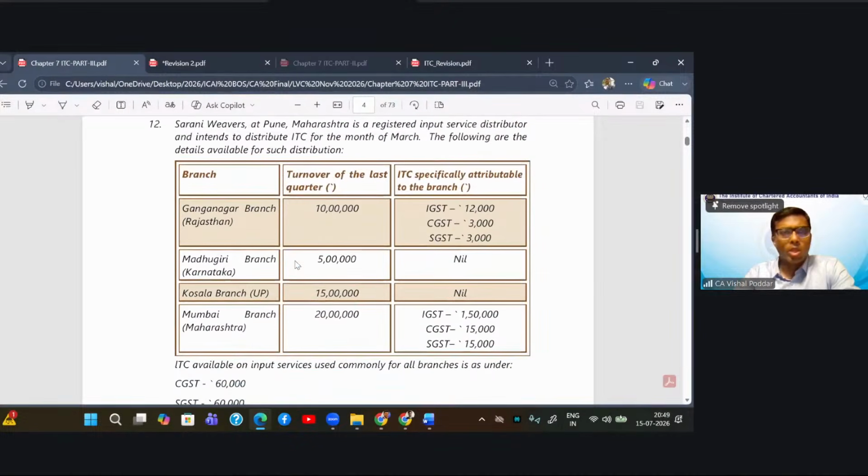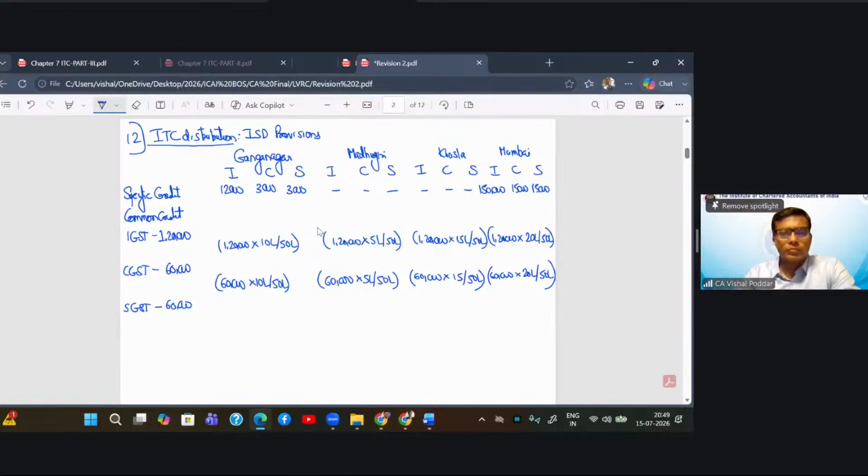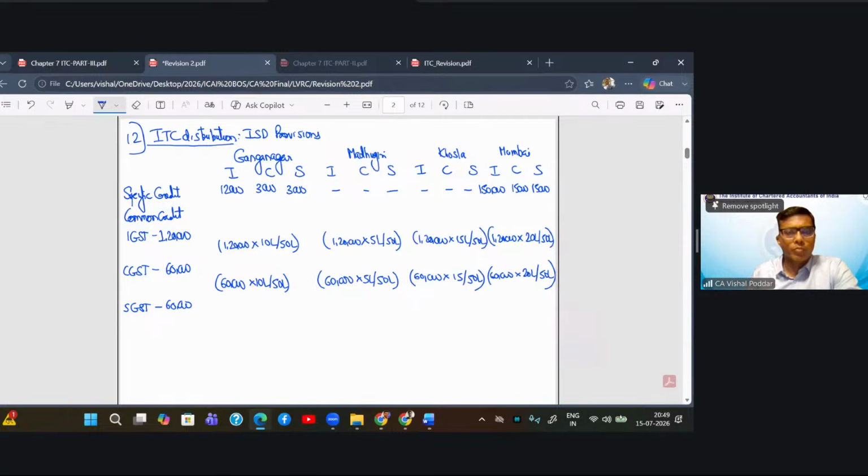So this is 120 into 10 upon 50. It will be 24, correct? This will be 12.